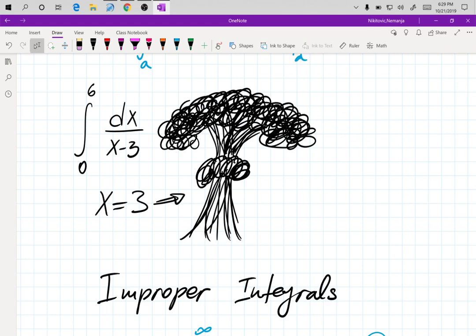Now let's talk about type 1, because that's where we begin. Say you want to calculate the integral from 3 to infinity of e to the negative x dx. What are you computing here?